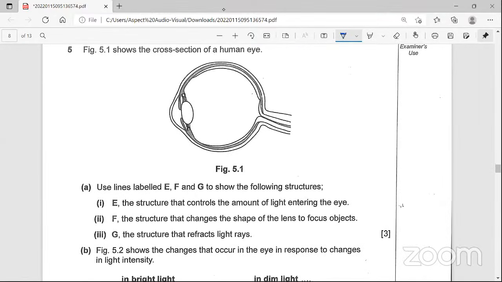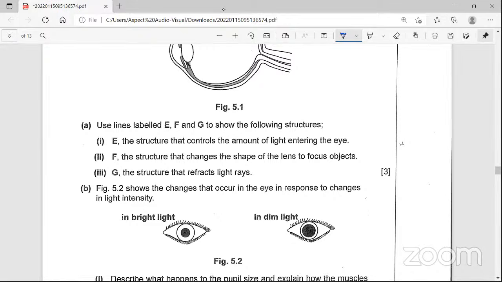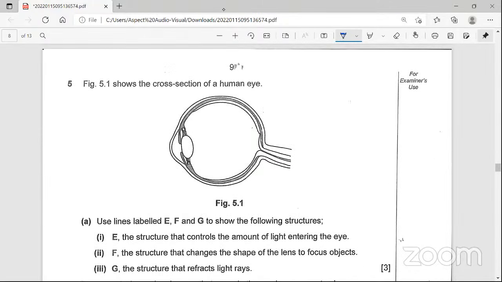All right, thank you. Figure 5.1 shows the cross section of a human eye. Use lines labeled E, F, G to show the following structures. E, the structure that controls the amount of light entering the eye. Which one controls the amount of light?